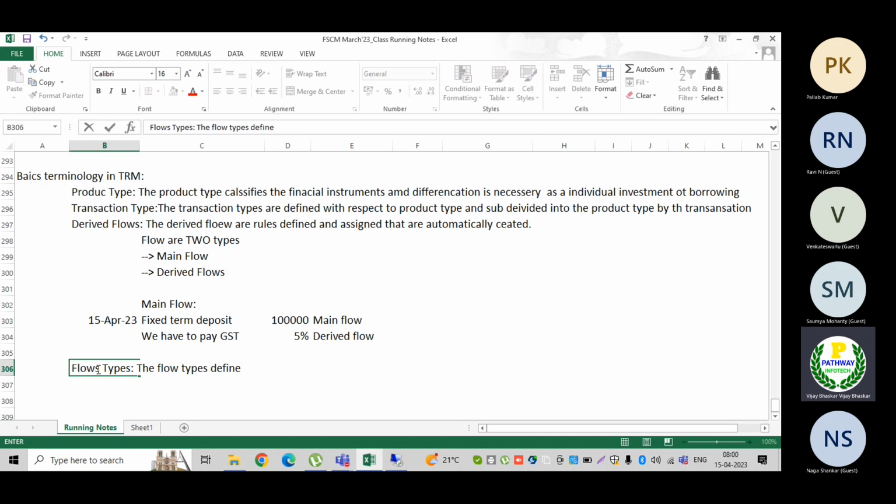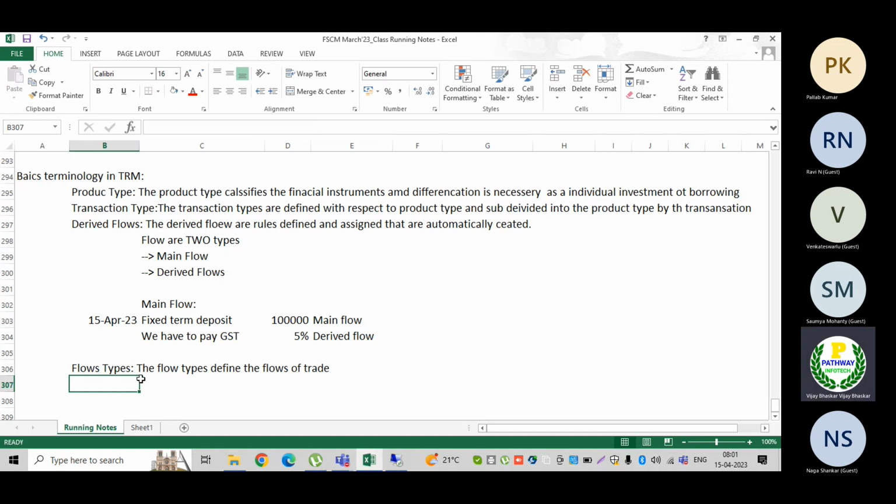Flow types define the flows of the trade. So what exactly is the meaning of flow types?